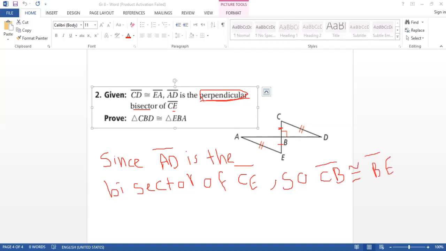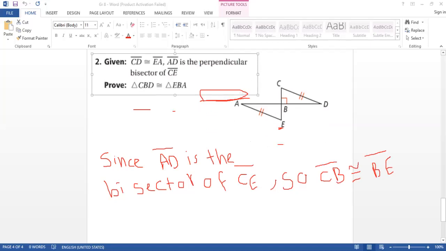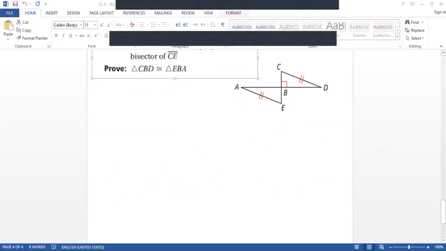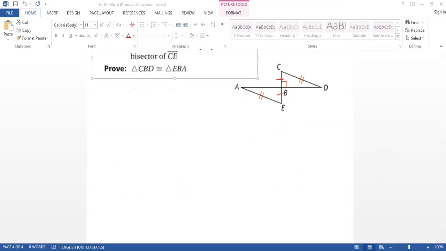Now how can we prove that the two triangles are congruent? Let's search about the three conditions. The three conditions are, again, this part is congruent to this part.